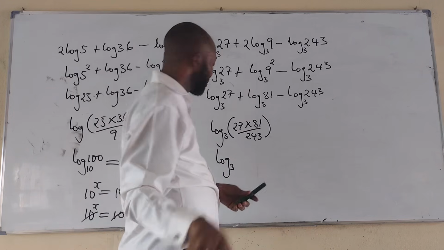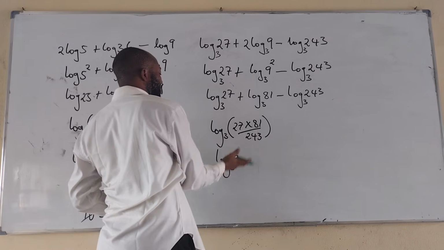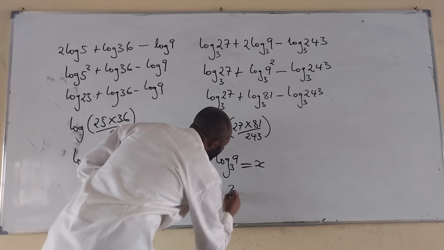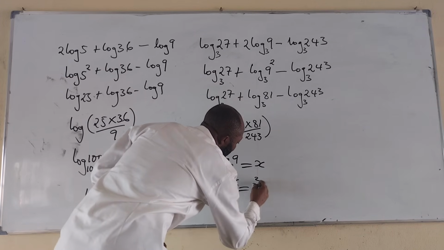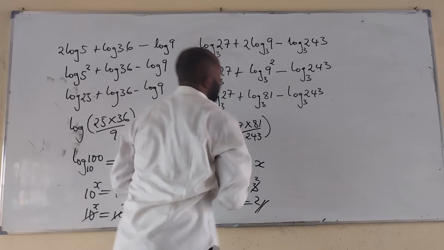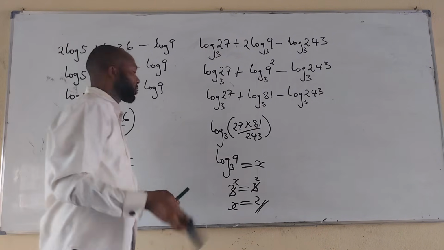It's 9. So now how many times can 3 be raised to give us 9? We equate that to x. So 3 raised to the power x is equal to 9. And 9 is the same thing as 3 raised to the power 2. Cancel this. x is equal to 2. Let's take more questions.